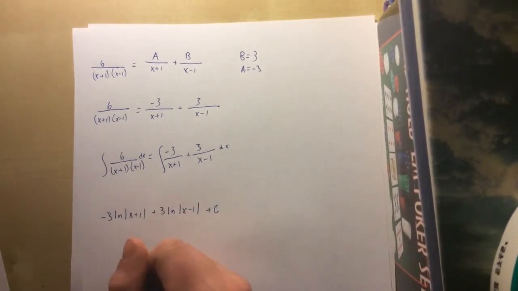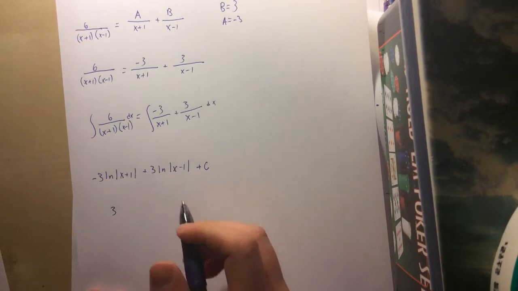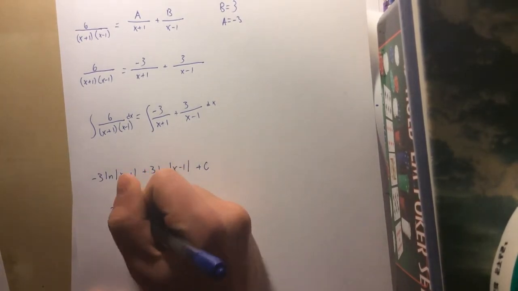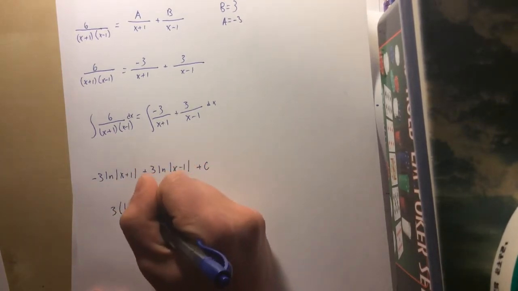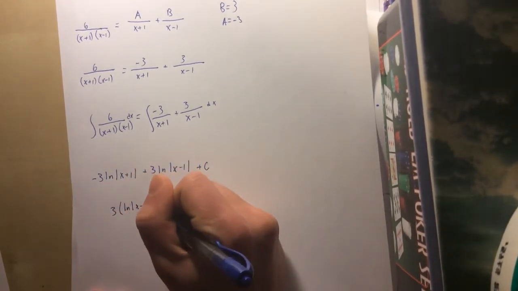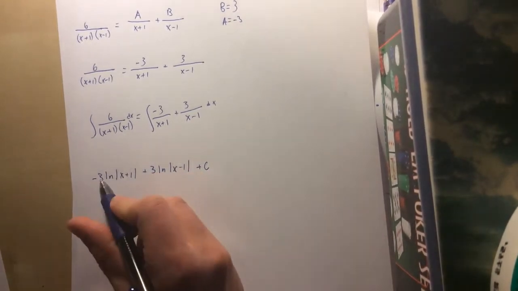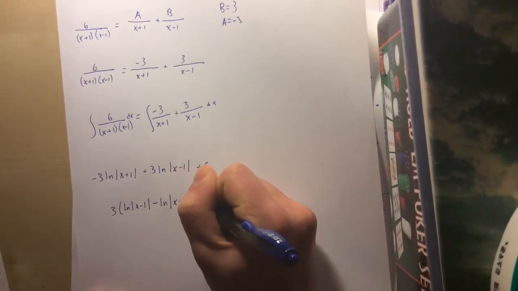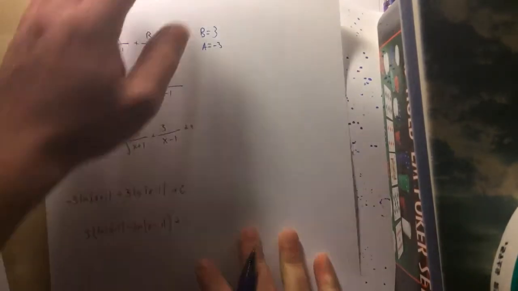We can factor out a 3, and we get 3 times the natural log of x minus 1 minus the natural log of x plus 1 plus a constant. I'm writing this term first so that you guys can see this next step easier.